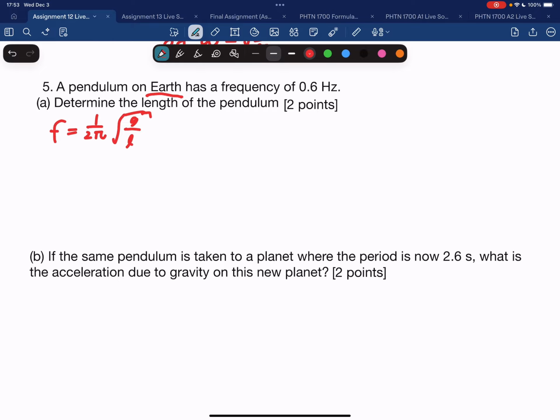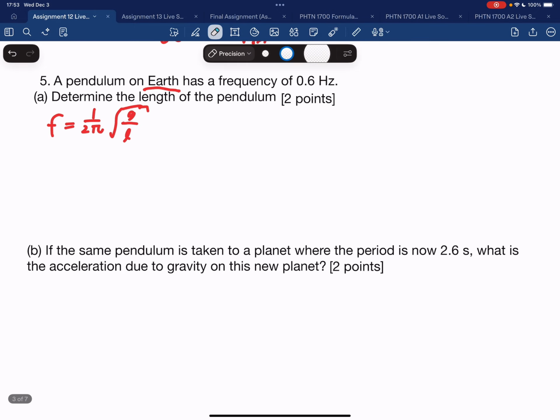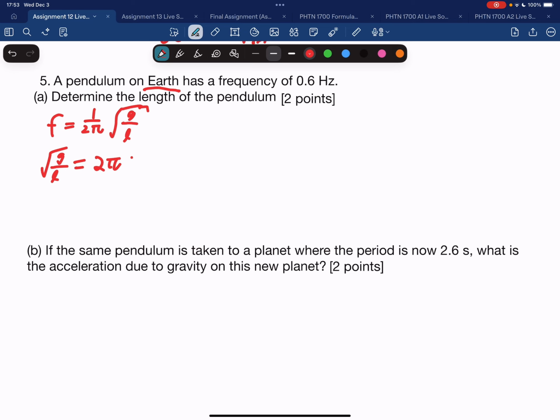So rearranging to get L on its own, I'm going to have the square root of g over L is equal to 2 pi f. I'm going to square everything. So I get g over L is equal to 4 pi squared f squared.